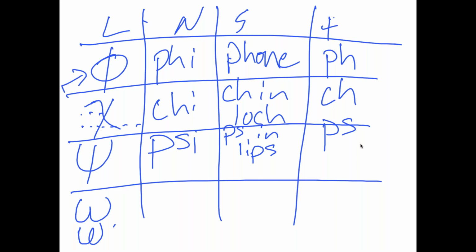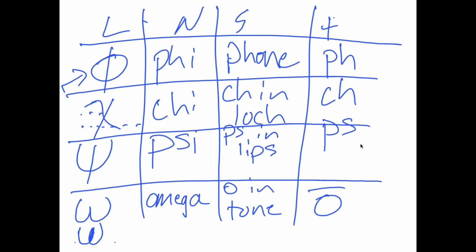It is slightly different than a regular W because this part is supposed to be slightly wider than the other two limbs. Omega is spelled the way it sounds. It's pronounced like the O in tone, and the transliteration is O with a macron on it.